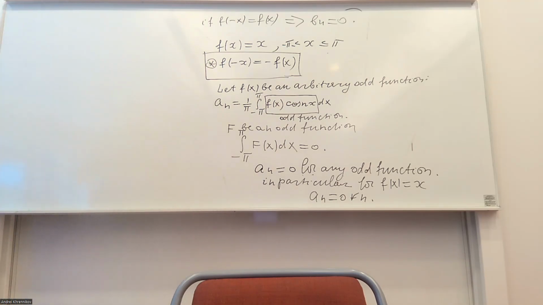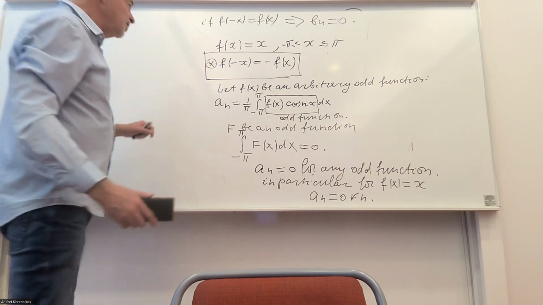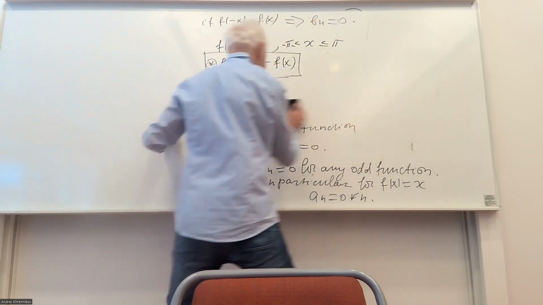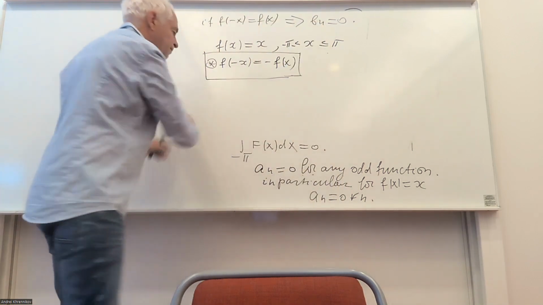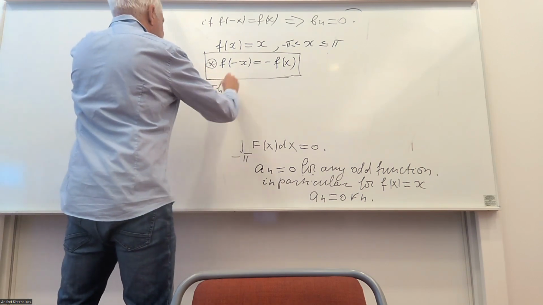An even function is expanded with respect to cosinuses, and an odd function is expanded with respect to sinuses. So maybe we should write this as a mini theorem.